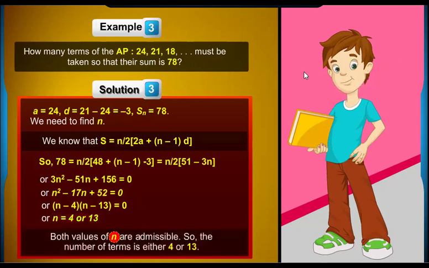Both values of n are admissible. So the number of terms is either 4 or 13.